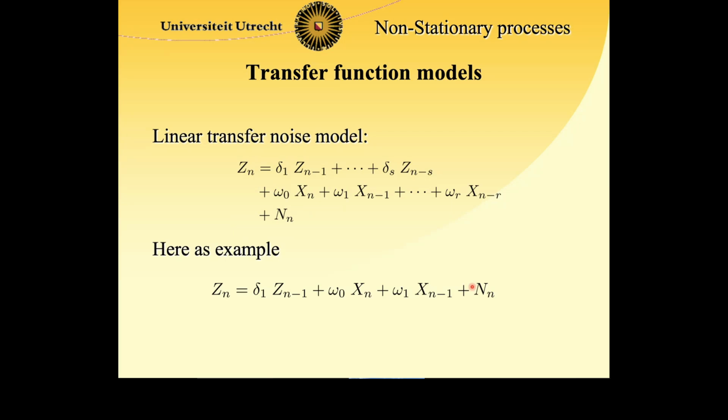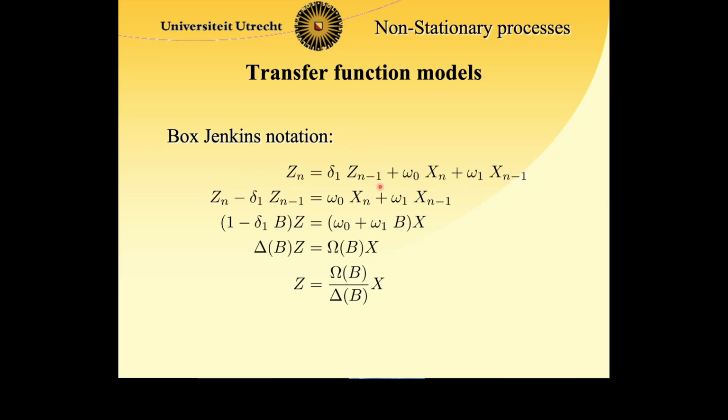Now we can again have a shorthand notation for this. Suppose we take this transfer function model with one autoregressive and two moving average components. We can take the Z to the one hand and all the x's to the other. So we get Zn minus delta 1 Zn minus 1 is omega 0 xn plus omega 1 xn minus 1. We use the backshift operator again.